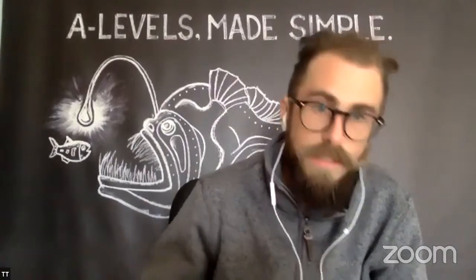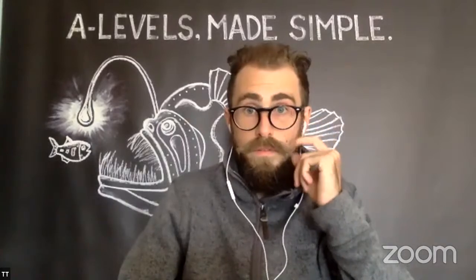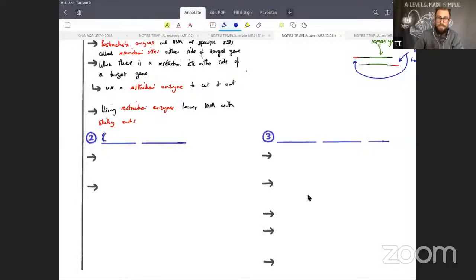I'd say the second one that you're most likely to need to know, I'm probably not sharing my screen right now, so it's not going to be that useful, is using reverse transcriptase.